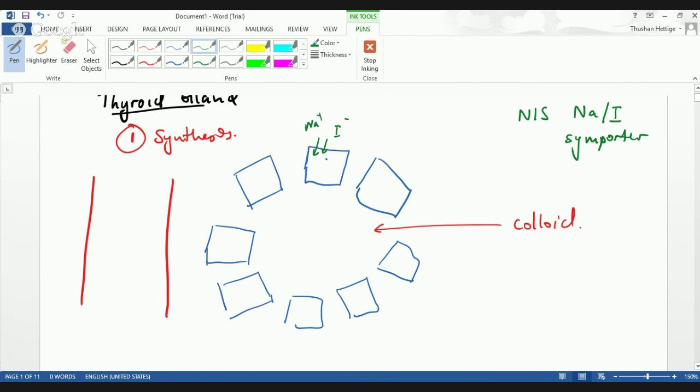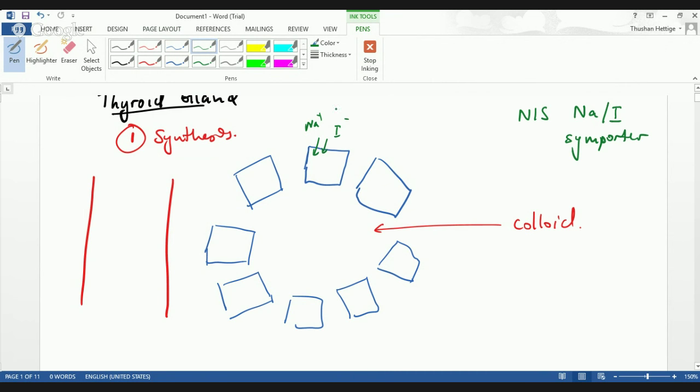It's the transport of sodium and iodide into the follicular cell. Because the concentration of sodium outside the cell is significantly higher than inside, the electrochemical gradient of sodium pulls iodine with it and concentrates it inside the cell.